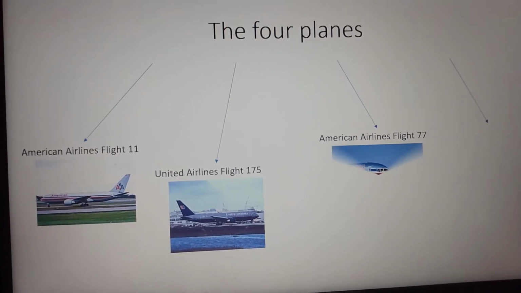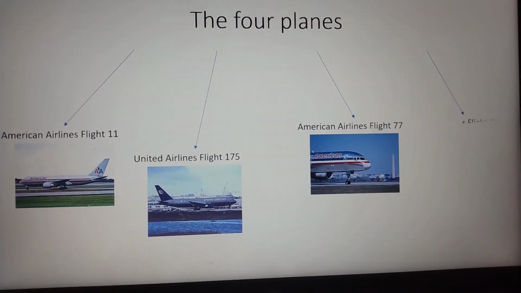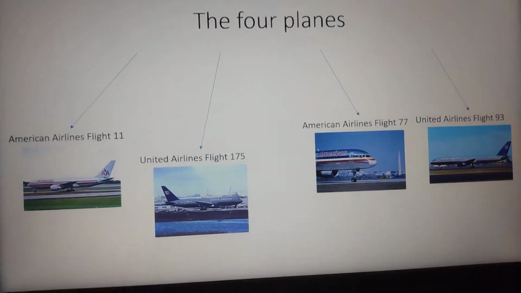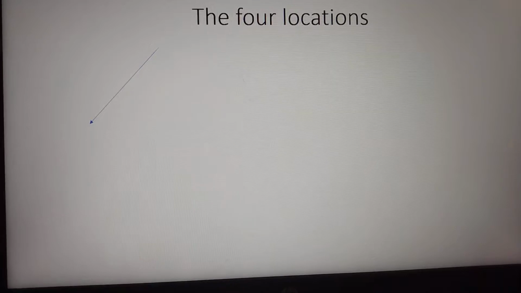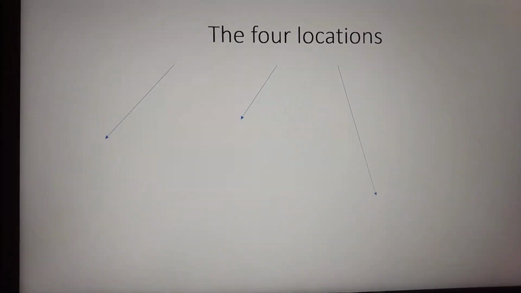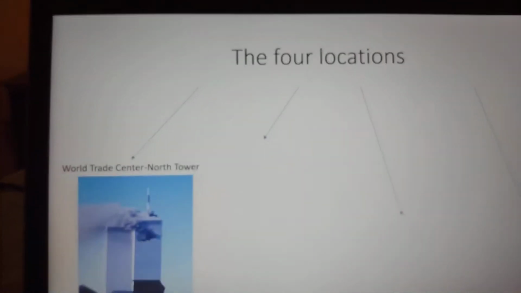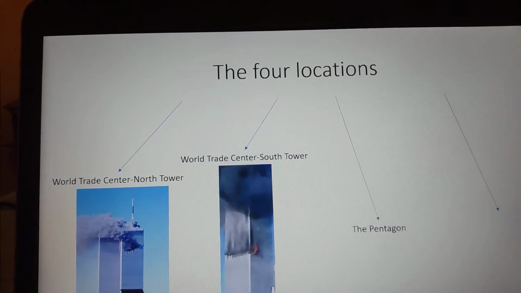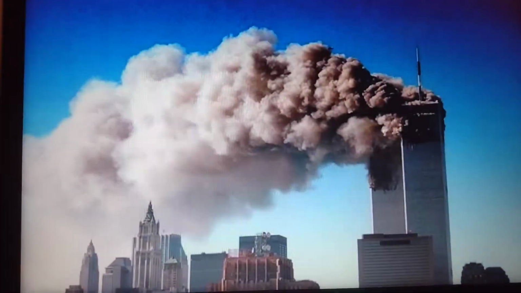American Airlines Flight 77, originally en route from Dulles, Virginia to Los Angeles. And United Airlines Flight 93, originally en route from Newark to San Francisco. And those 4 planes hit 4 locations. The locations are the North Tower of the World Trade Center, the South Tower of the World Trade Center, the Pentagon, and a field in Shanksville, Pennsylvania.